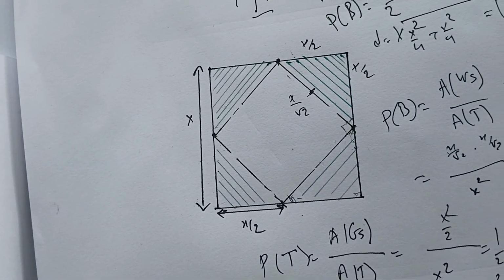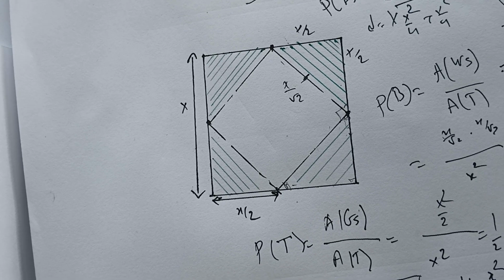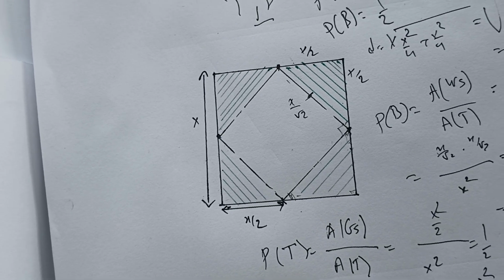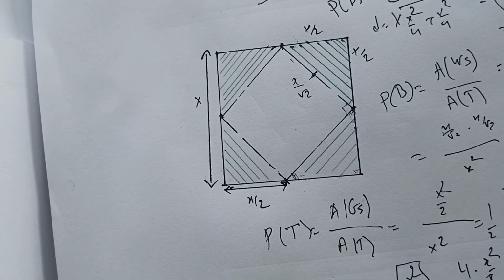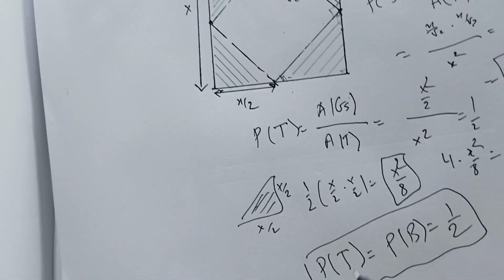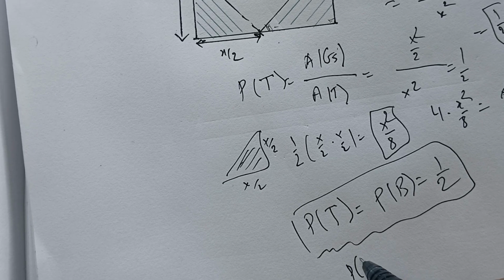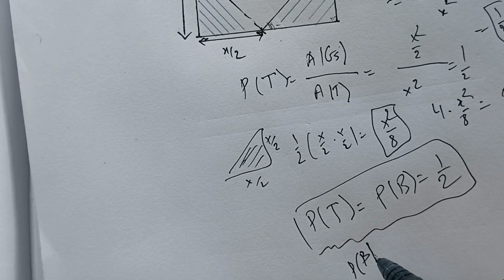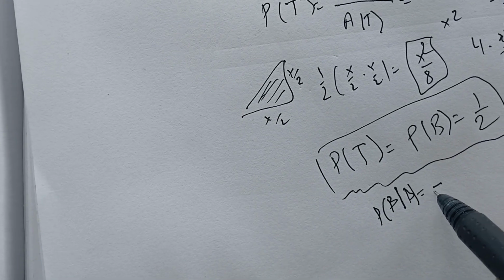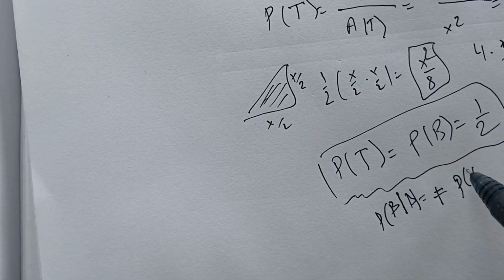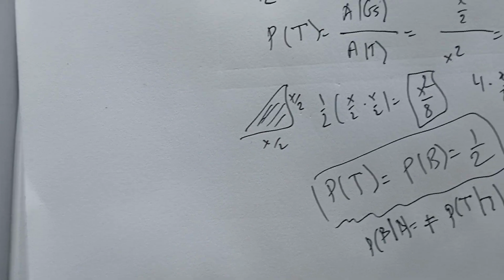Unless there is something I don't see, you can tell me in the comments. And there is another thing that people might argue. The probability of Biden winning, having been the president, is different from the probability of Trump winning, having been president before.